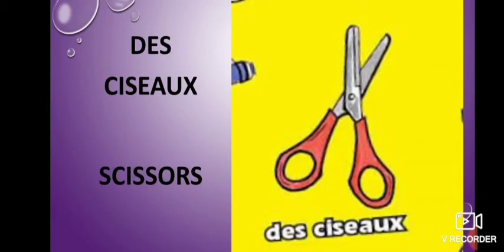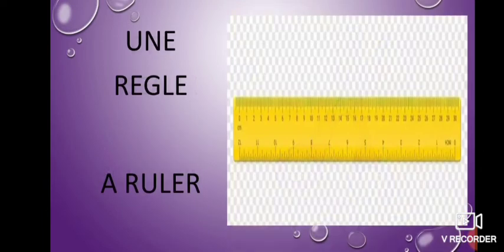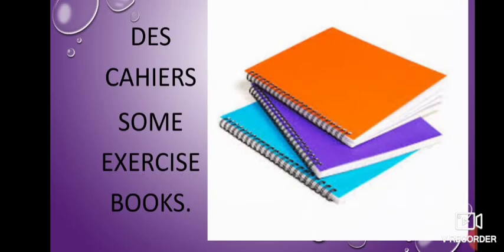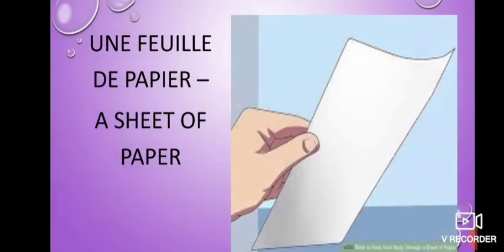Des ciseaux. Des ciseaux. Scissors. Une règle. Une règle. A ruler. Des cahiers. Des cahiers. Some exercise books. Une feuille de papier.